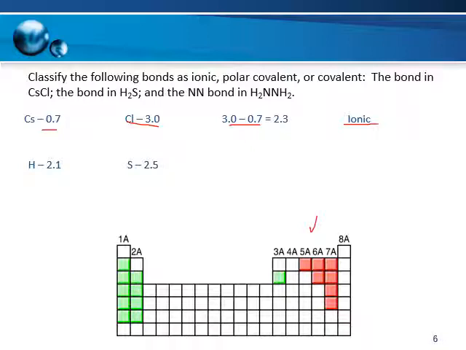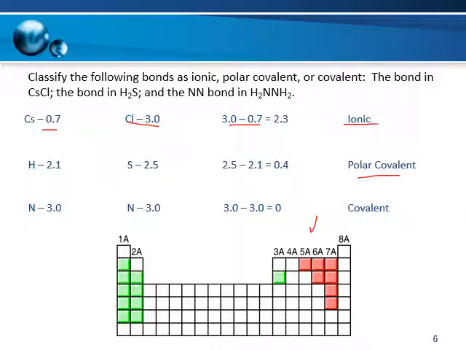This is electropositive, so when you subtract these two, you get around 0.4. 0.4 is polar covalent. Next is nitrogen, which is 3, and nitrogen. They are equal, so when we subtract, we get 0. So this is basically covalent. They share the electron. Non-metals share electrons. They have no electronegativity difference, so that's why it has covalent sharing.